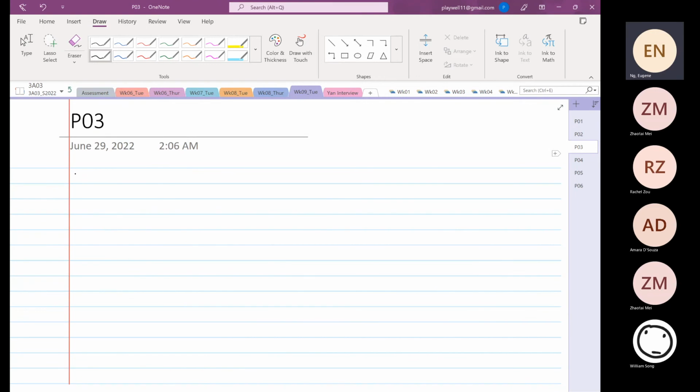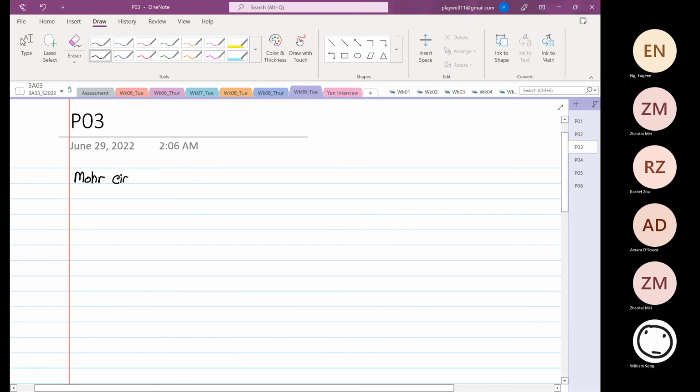So we are going to now go into Mohr Circle. As I say, it's one of the most important topics in solid mechanics. Okay, and I will highlight what will not be tested on test 2.